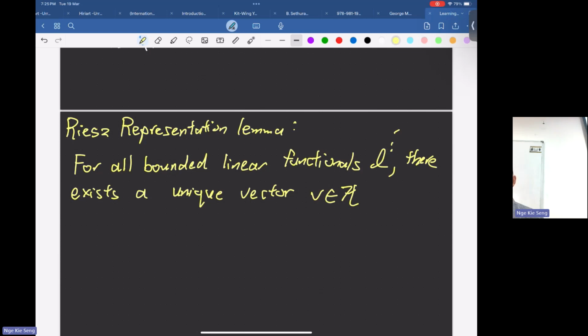Let's write out our Hilbert space, so this is ℂ. Let us just consider ℂ. There exists a unique vector in the Hilbert space such that your linear functional just acts like an inner product.